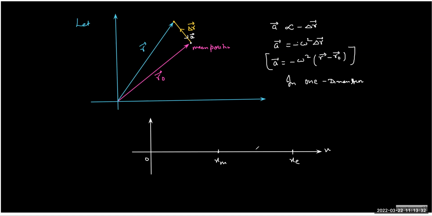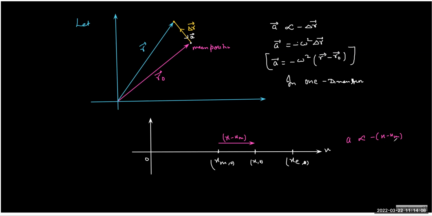And if you happen to be here, which has coordinate x comma 0, now what we are interested in is this displacement, and this is how much? x minus x mean, right? Do you realize this? So here the acceleration should be proportional to minus of x minus x mean. Understood?